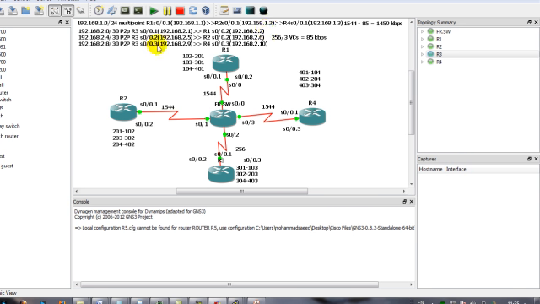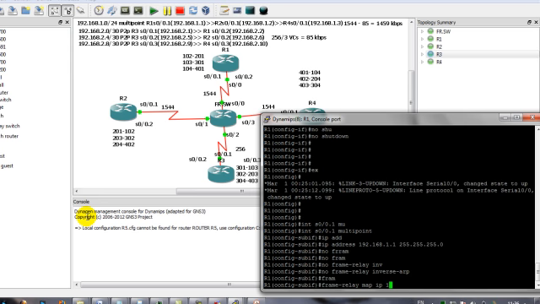So router 1 will have two static frame relay commands. First, frame relay map IP with 192.168.1.2. This is the destination IP address of the sub-interface of router 2, to go out through DLCI 102.